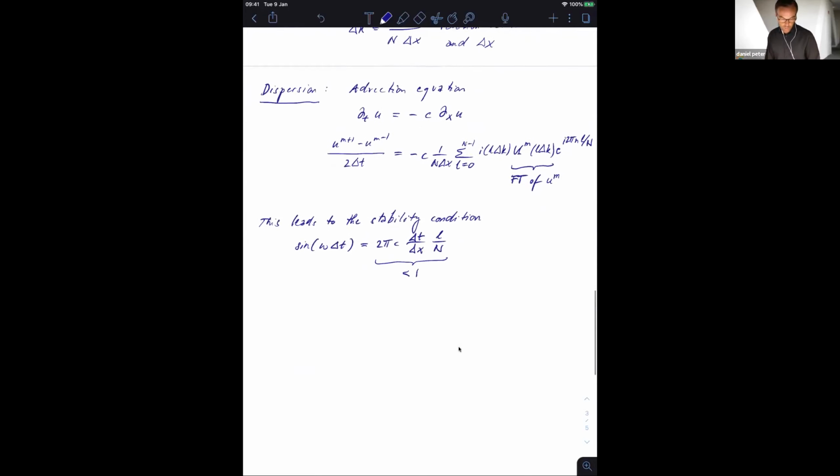So if you want, then we have c times delta t has to be smaller than delta x over 2 pi n over L. If you want, c delta t smaller than delta x over 2 pi, since L is smaller than n.